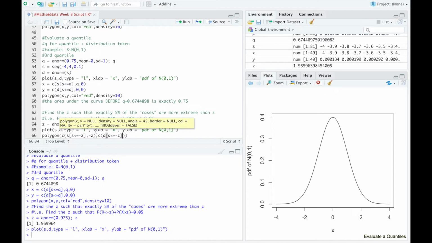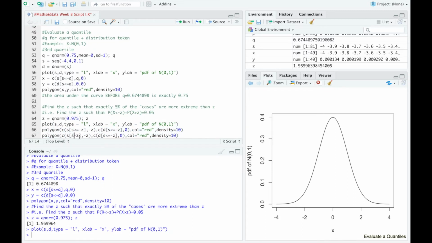Minus z, 0 should be right. Color red, density 10, and then the same thing but for greater or equal z.